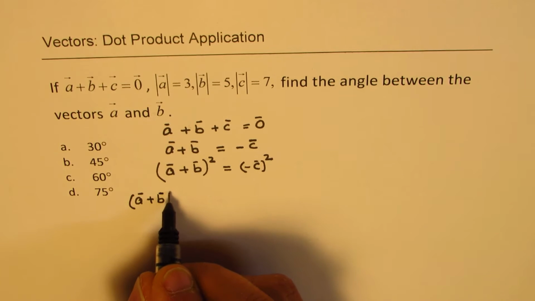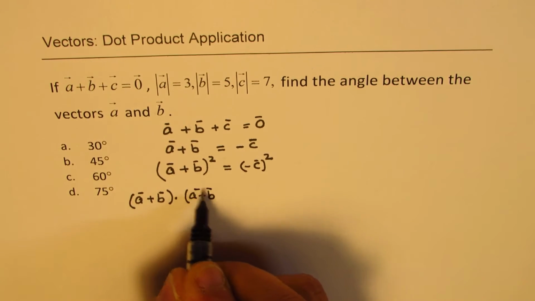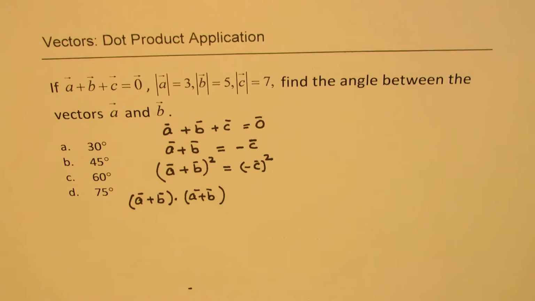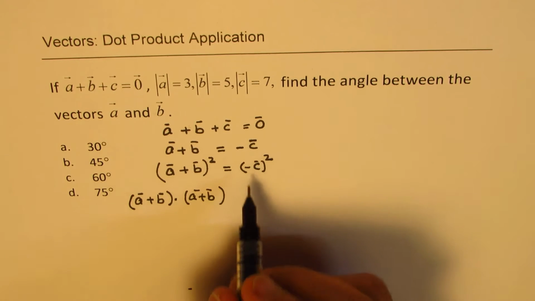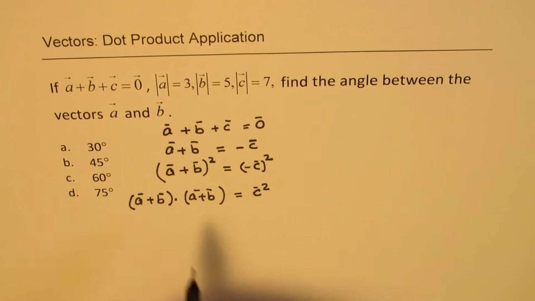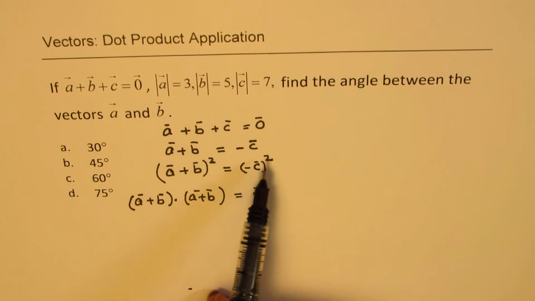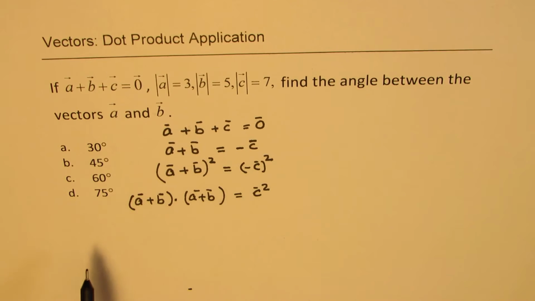So it is a plus b dot a plus b. So that is the square of this vector, right? And here what we get is c square, the vector c square, right? So when we are saying square of these vectors, we actually mean the magnitude of these, right?